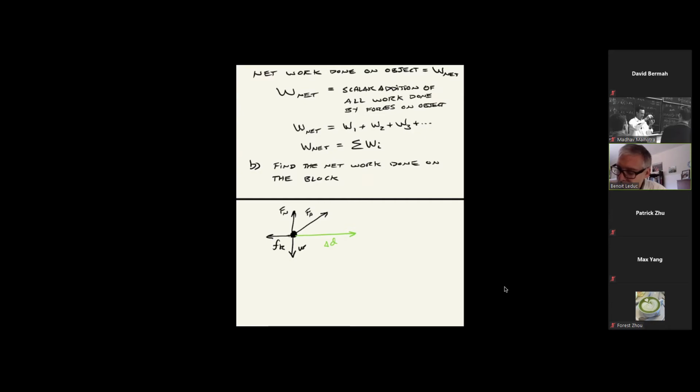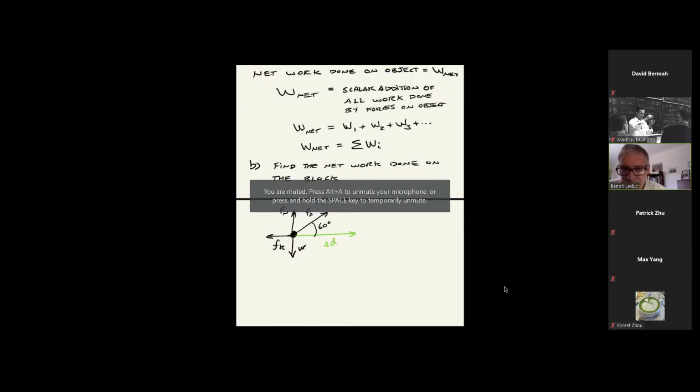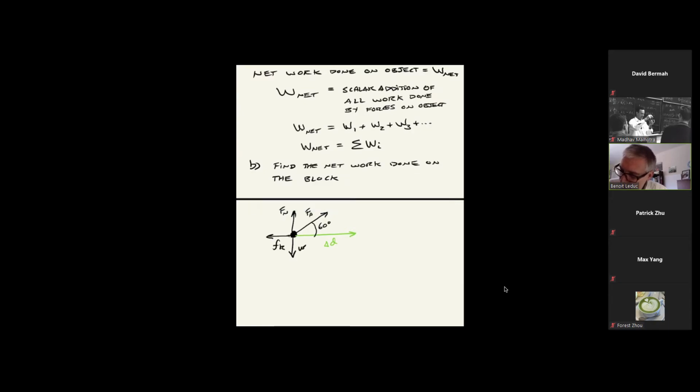All right. Now you can find this angle here, once again, it's 60 degrees, right? So the net work on this object is as follows. It's the work done by all the forces.